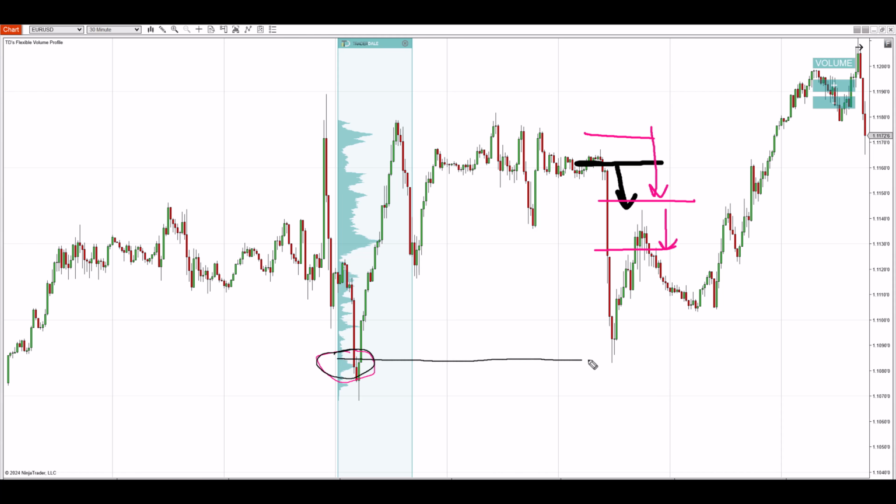It reaches this volume bump, which could prove to be a barrier, especially when the volumes are within such a strong rejection place like this. They could prove to be a strong barrier, right? And you want to quit your trade here. And that's why this should be the take profit, right?